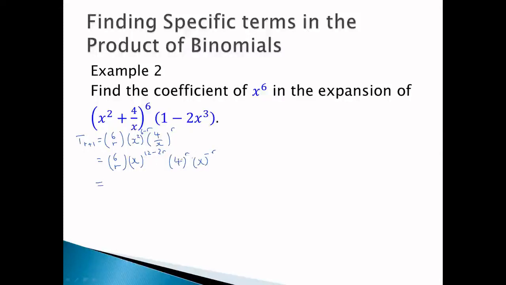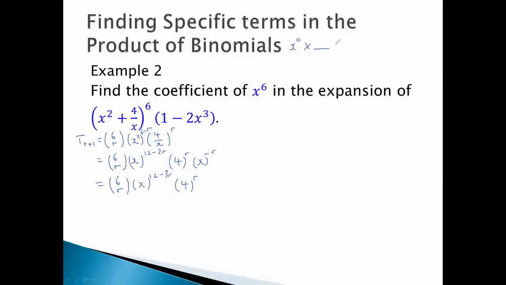So now that I've separated this out, I can join the x up: 6 choose r, x to the power 12 minus 3r, 4 to the power r. Now, again, here comes the most important part. What powers of x do I need to multiply by 1 to get x to the power 6? So 1 is actually x to the power 0, right? Because it's independent of x.